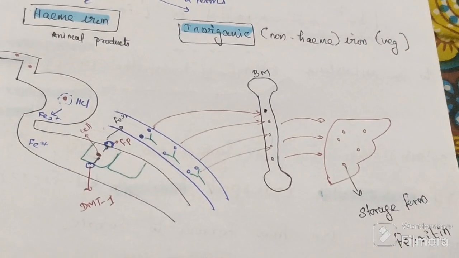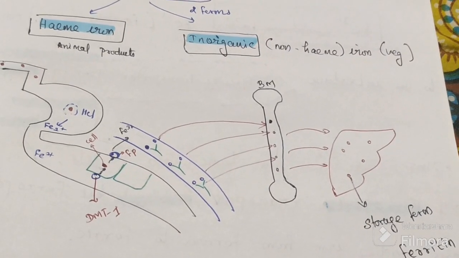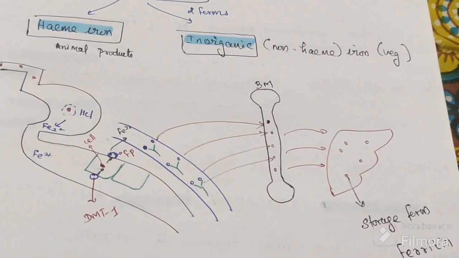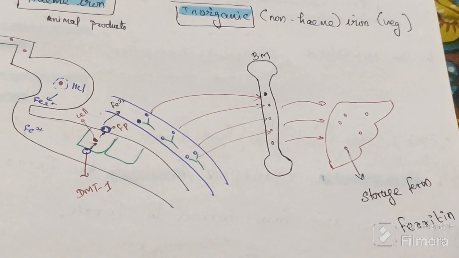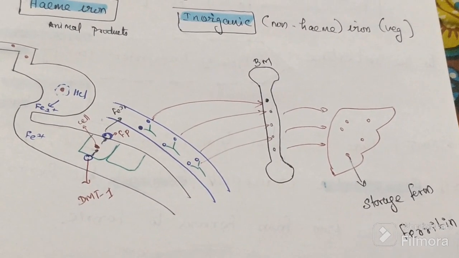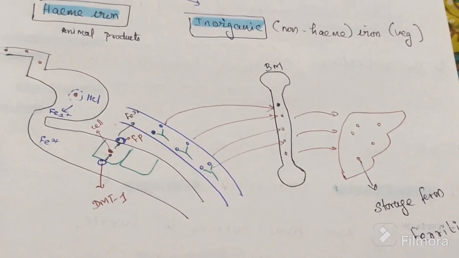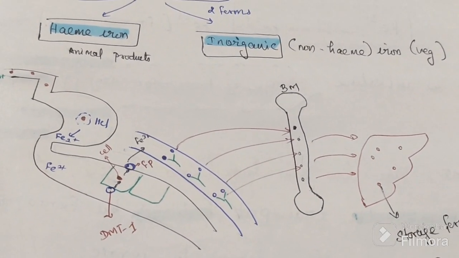As the name indicates, divalent metal transporter 1 absorbs only divalent molecules, not trivalent. That's why we converted ferric to ferrous form.